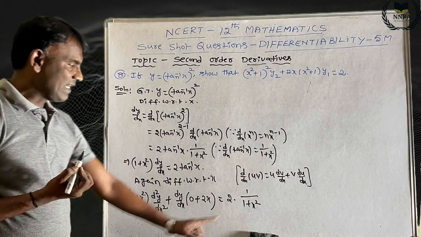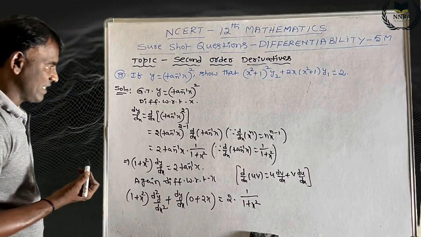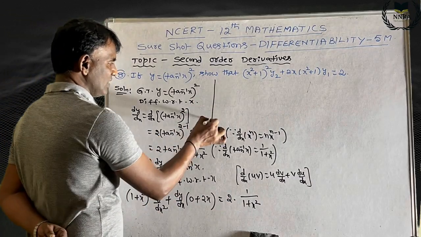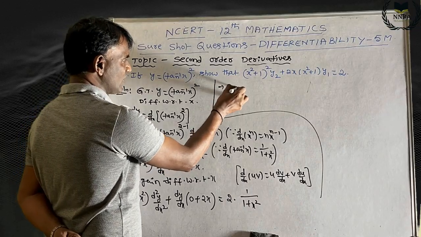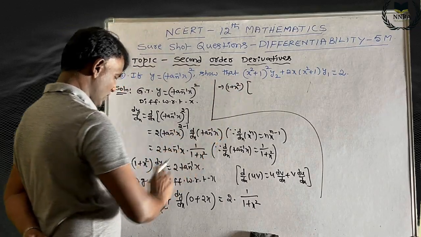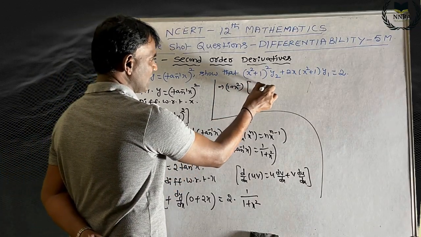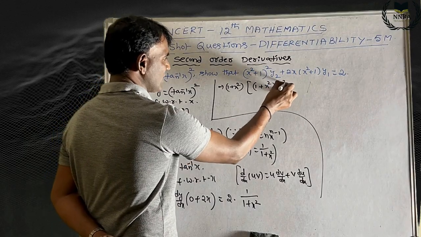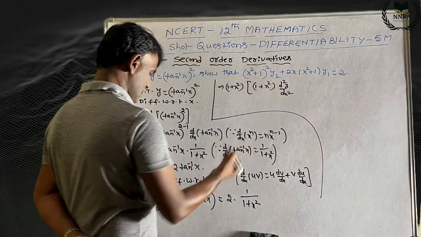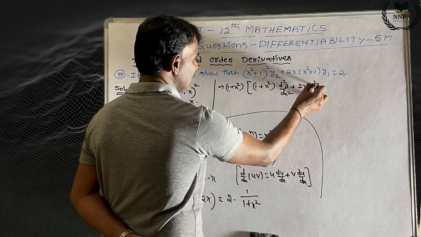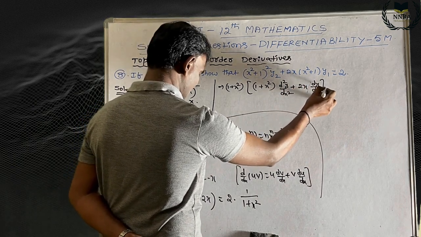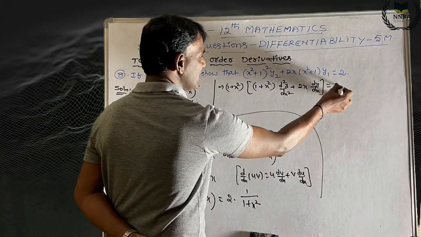Clear? Again write 1 plus x square on the left hand side. Then how to write this value? I am writing here. So 1 plus x square into d square y by dx square, and 0 plus 2x means 2x, right? Then dy by dx equal to, that side only 2.